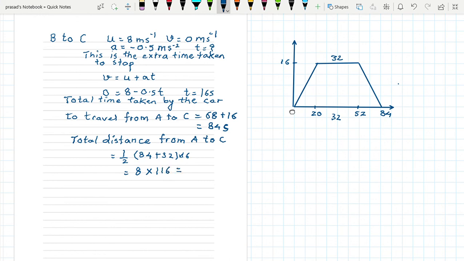So 116 into 8, that is 928 meters. So that is the total distance traveled by the car from A to C.